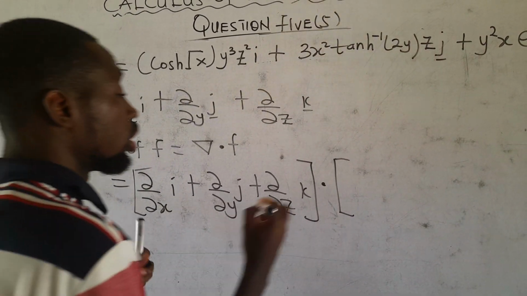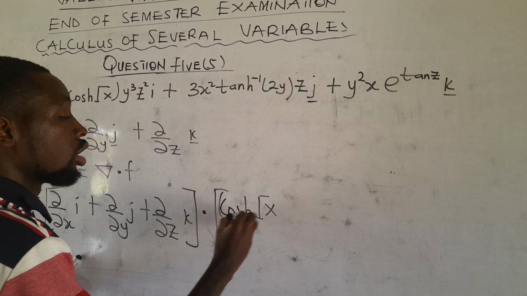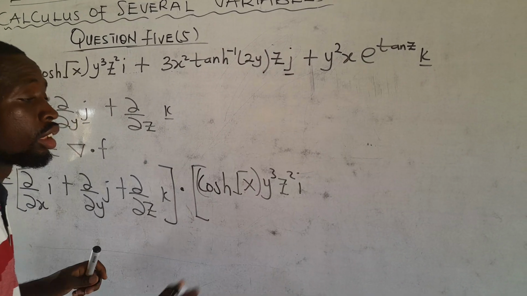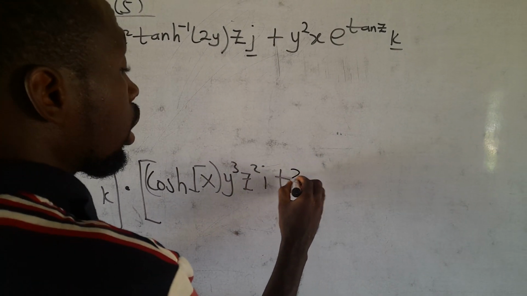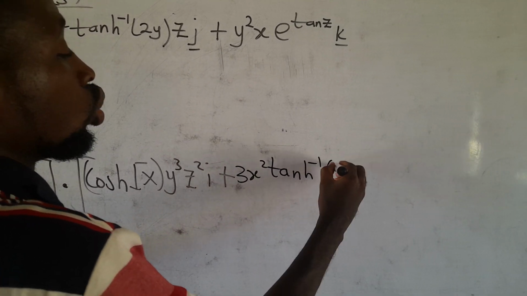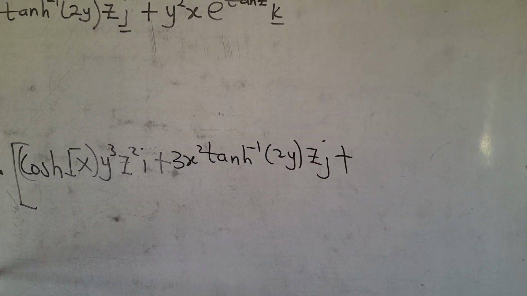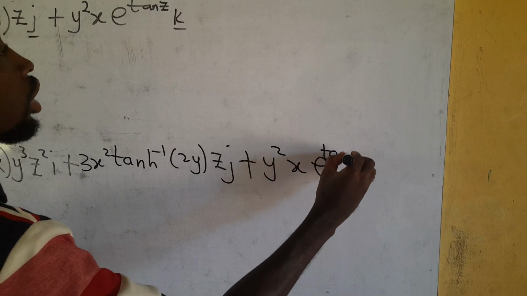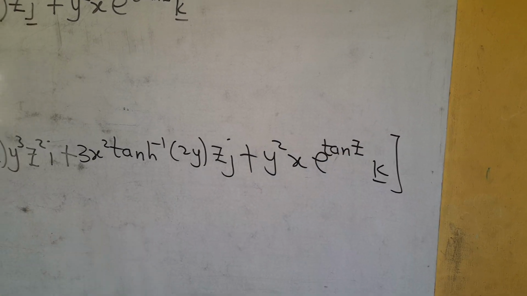The vector field is cos of the square root of x, y cubed z square in the i direction, then plus 3x square tan inverse of 2y z in the j direction, then plus y square x e exponent tan z in the k direction.